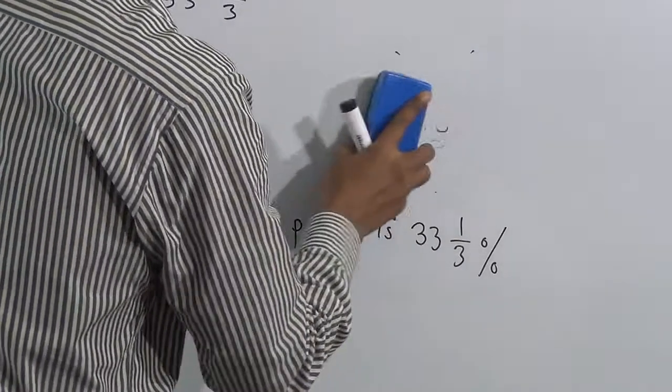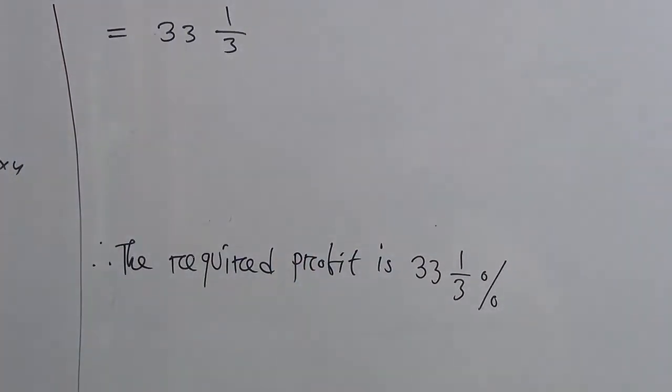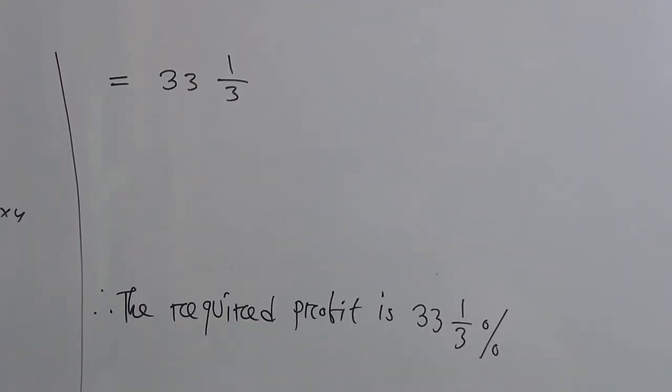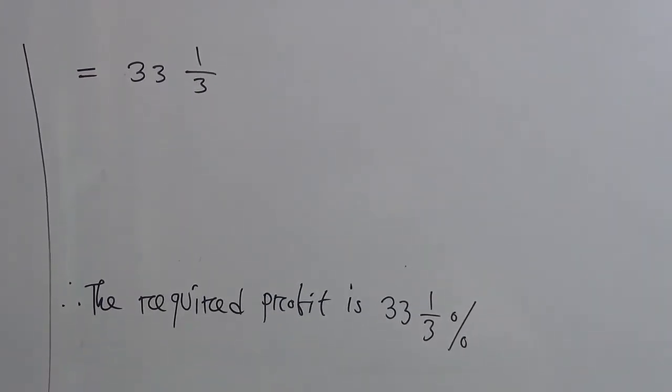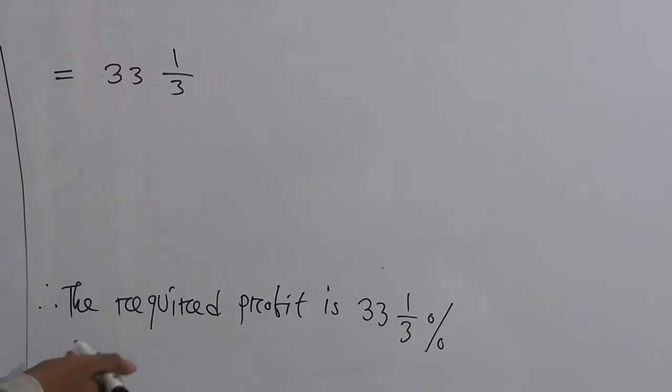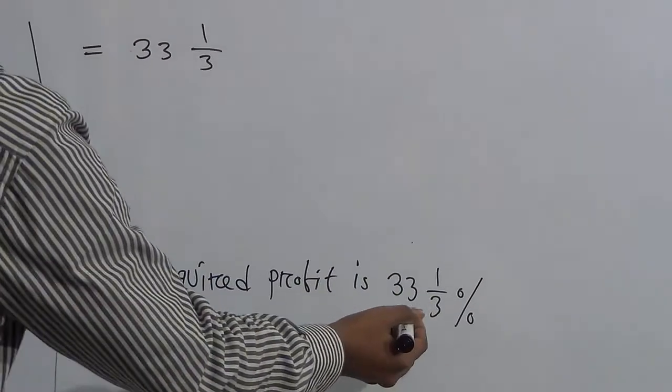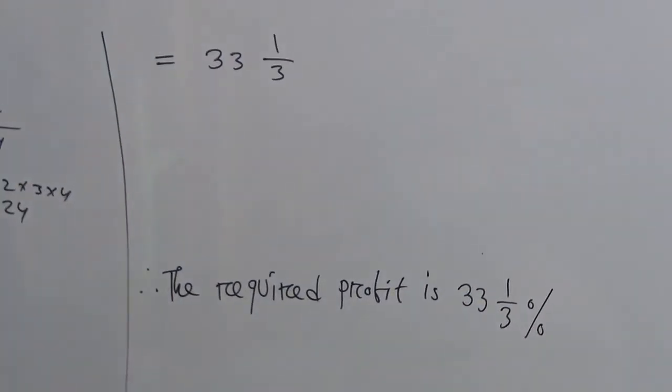Why have I given the percent? Because I have determined the result out of 100, that means in percentage form. So I have given here the required profit is 33 1/3%.